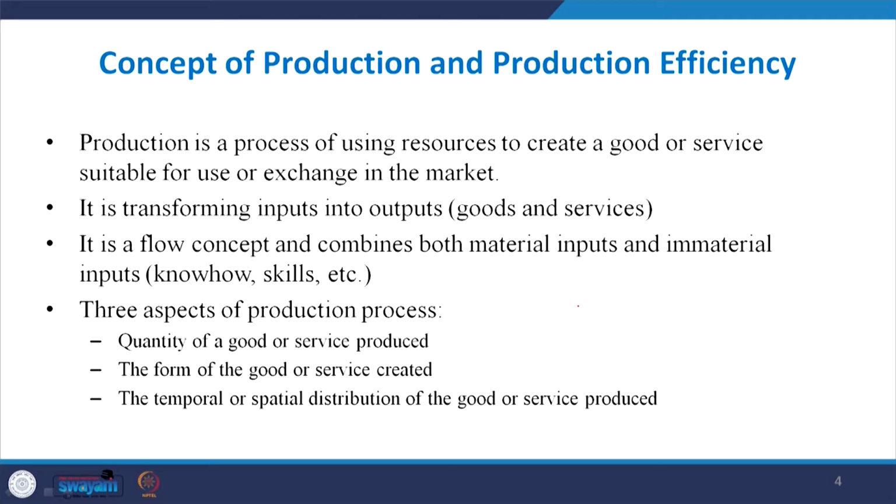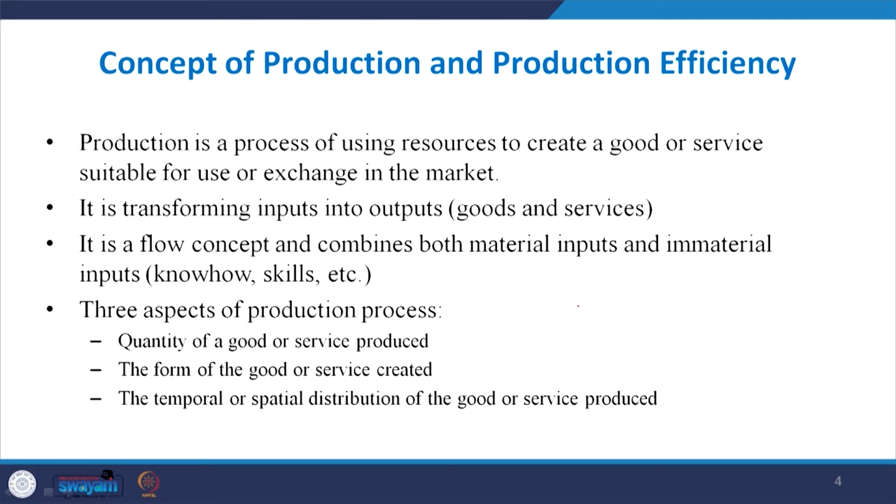Like we use raw materials, we use machines, we use labor, etc. But at the same time output is also affected by immaterial inputs like intellectual capital, technical know-how, skills, etc. So, production has three key important aspects.